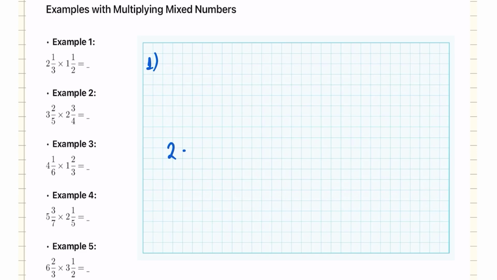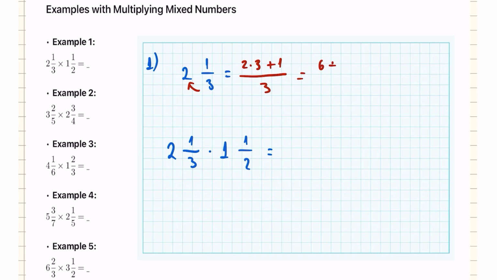First one, 2 and 1 over 3 multiplied by 1 and 1 over 2. When we multiply, we need to convert mixed numbers into improper fractions. So let's do the first fraction. We know how to convert. We multiply the denominator and the whole number and then add the top part, and we will get 7 over 3.